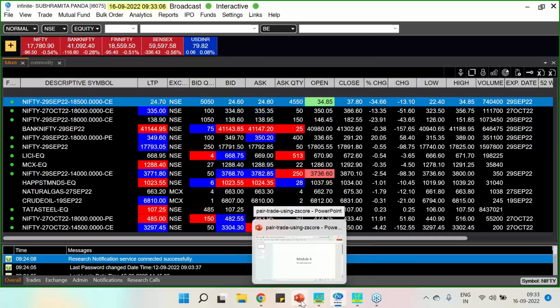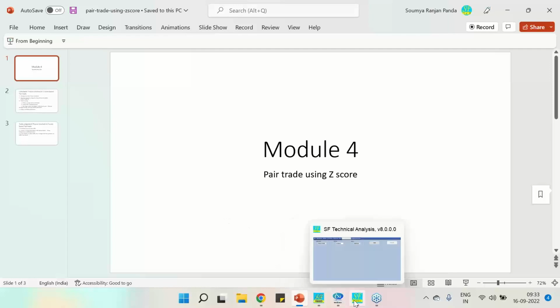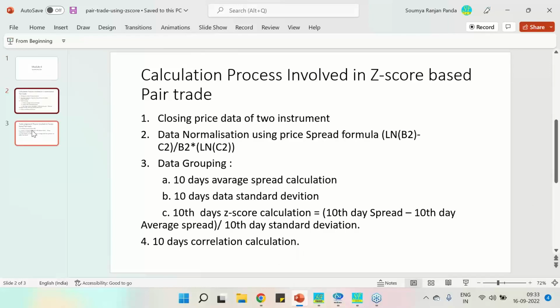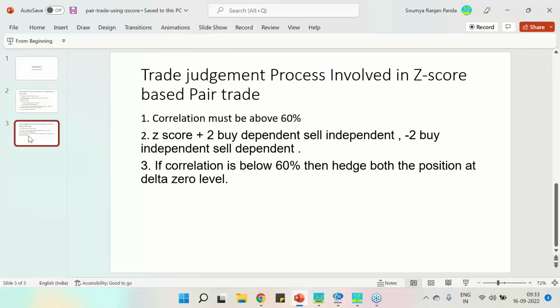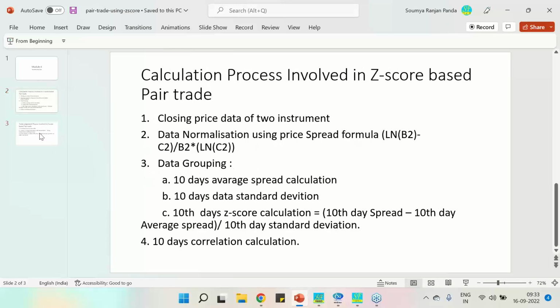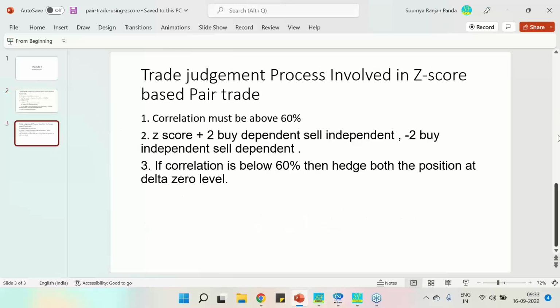Now we'll be moving to pair trade. Now fantastic opportunities you will get. Z score based pair trade. Here I will not go into the calculation, I will go directly to the Z score. Here Nifty is independent, and any stock including Bank Nifty stock, everything is dependent.